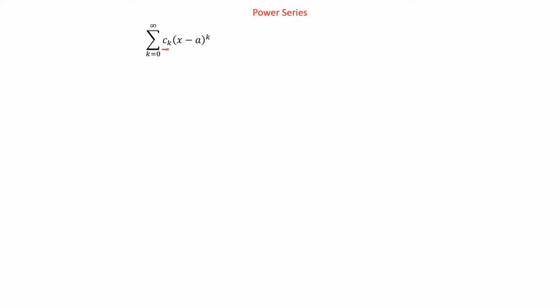But in general, x minus a to the k. If we expand this out, we get c naught plus c1 times x minus a plus c2 times x minus a squared plus c3 times x minus a cubed plus etc, etc, etc.